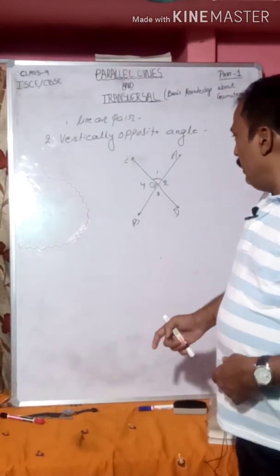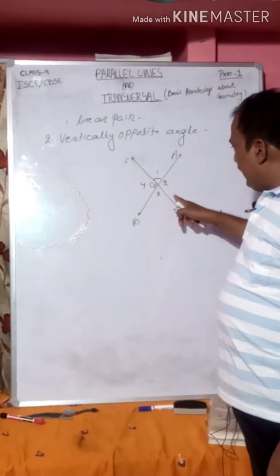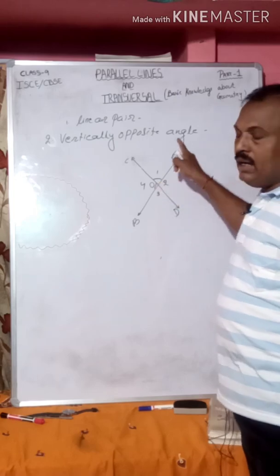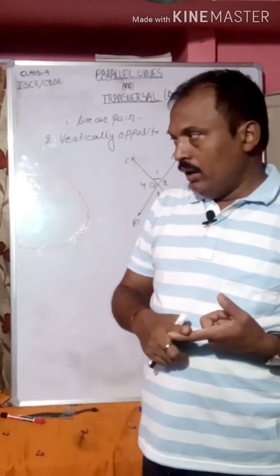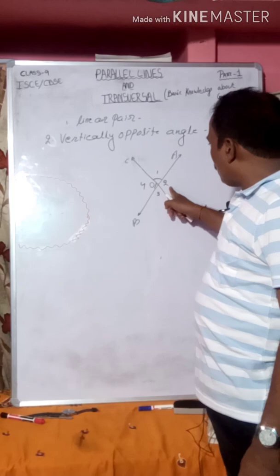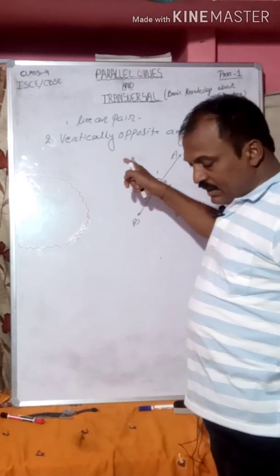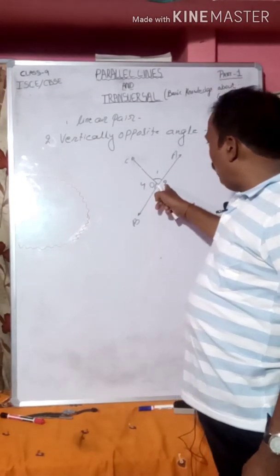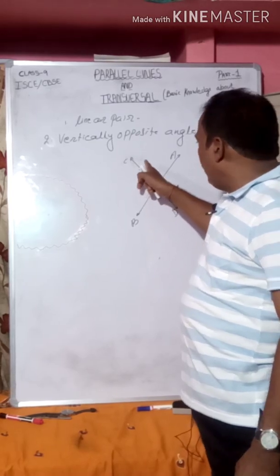Now look, CD is a line, OA is a ray. The adjacent angle of 1 is 2, and the adjacent angle of 2 is 1.